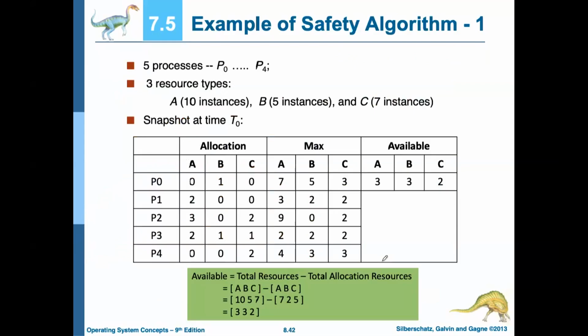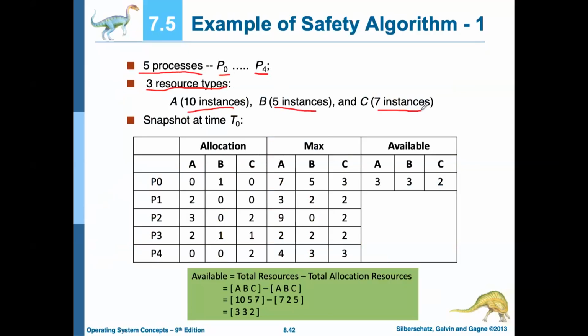Now, an example of the safety algorithm. We have 5 processes, starting with P0 and the last one being P4: 0, 1, 2, 3, 4. There are 3 resource types: A with 10 instances, B with 5 instances, and C with 7 instances.